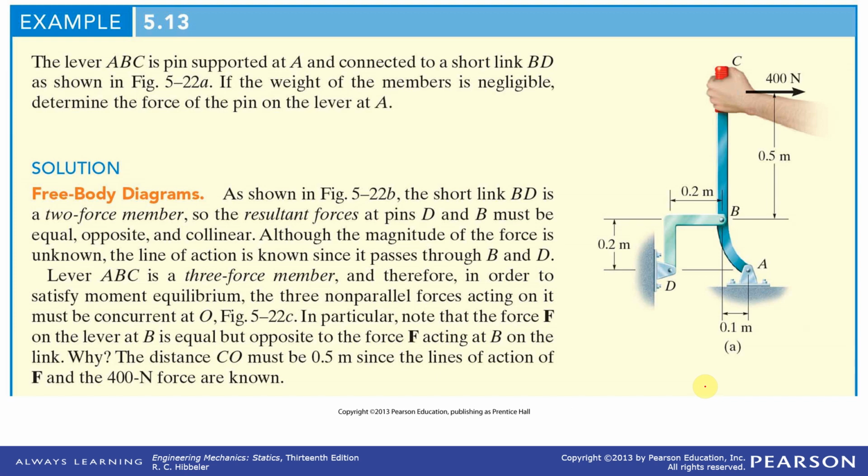So we have a lever and somebody's pulling on it with 400 newtons. Determine the force of the pin on lever A. There we go. We want to know this.